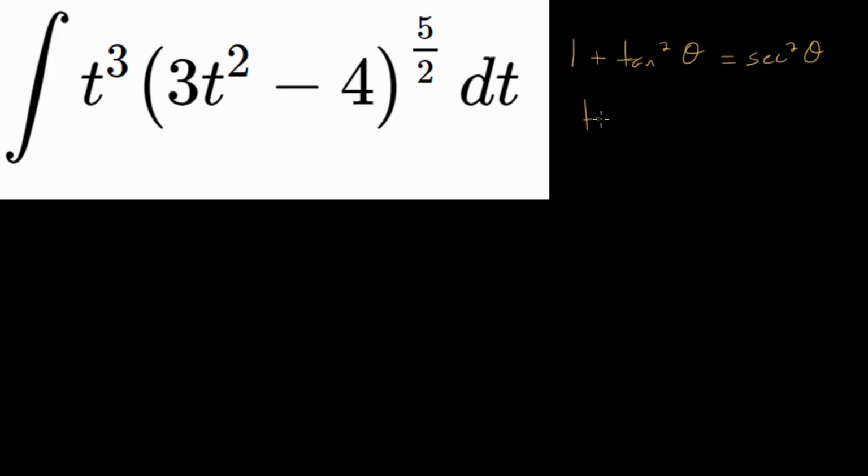If we rewrite this as the tangent squared of theta is the secant squared of theta minus 1, this right here is similar to this right here, but we can manipulate it so that we do end up with this identity, which we can replace with the tangent squared of our angle.